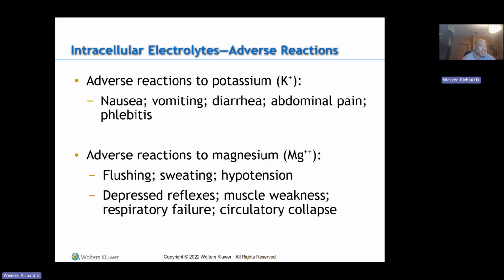And so this is why when you're giving blood administration, you have to look out for those blood transfusion reactions, and severe hemolytic reactions are a part of that, along with some other issues.